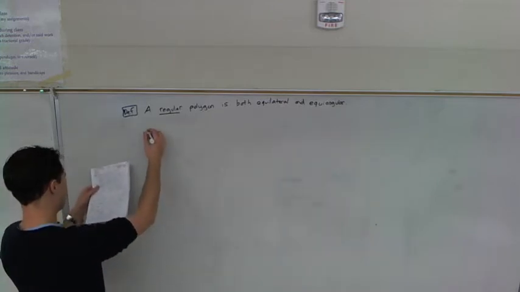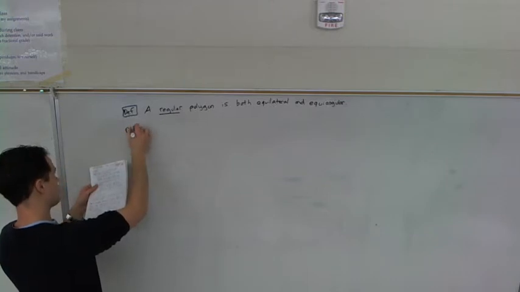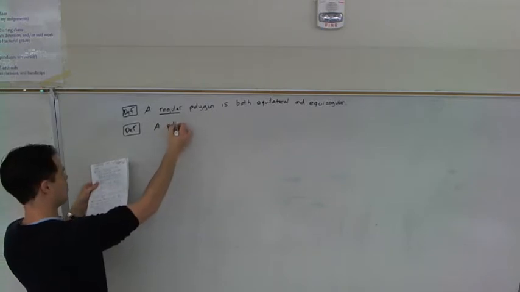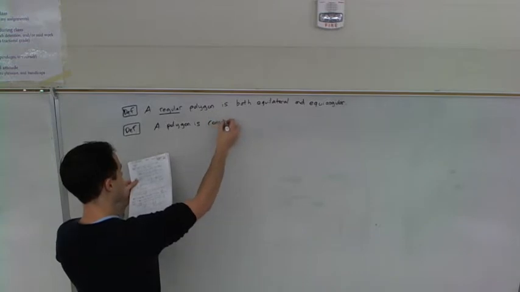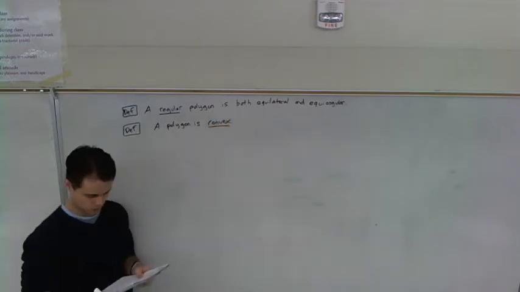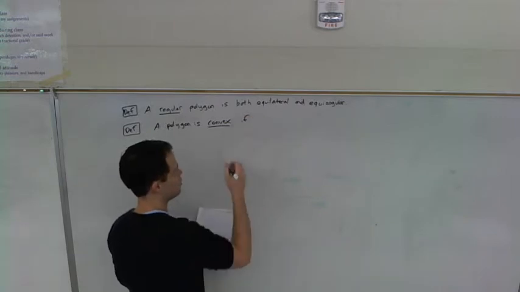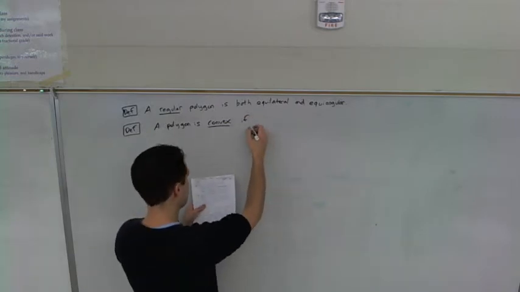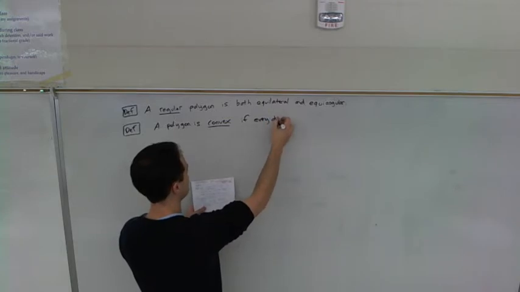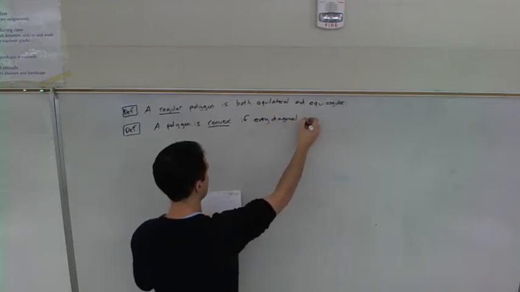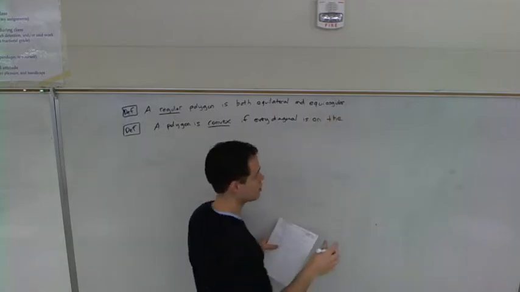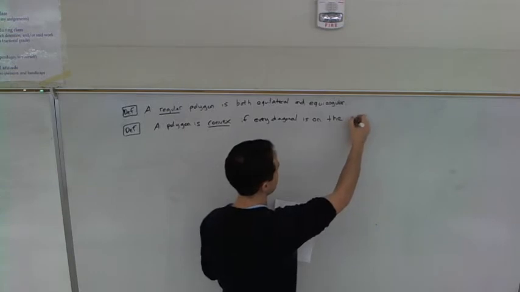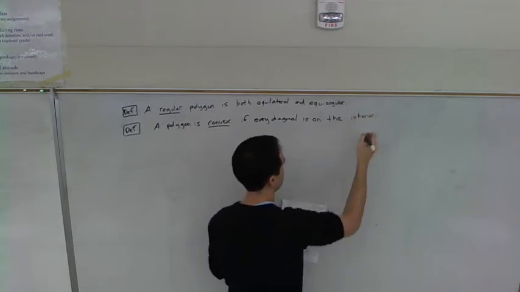Another definition we want to know. A polygon is convex if you think about the diagonals, if every diagonal is on the inside, the interior.